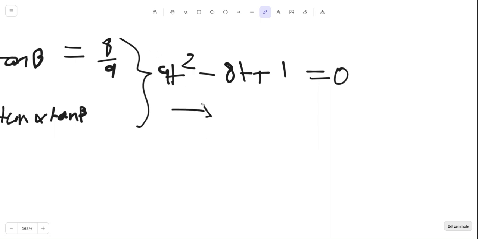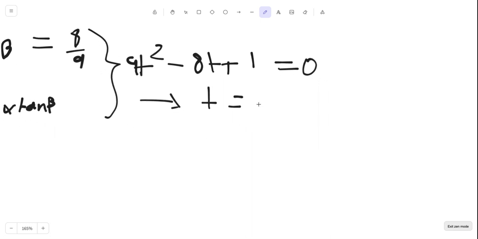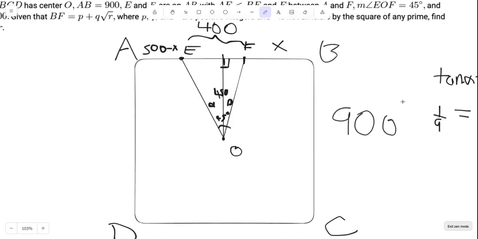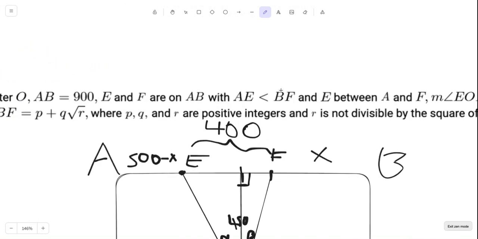If you solve that quadratic using the quadratic formula, you get t equal to 4 plus or minus root 7 over 9. These are the two solutions which give us tangent alpha and tangent beta. This is where this fact comes in handy.